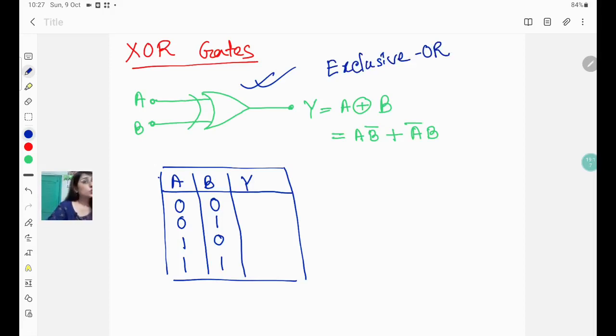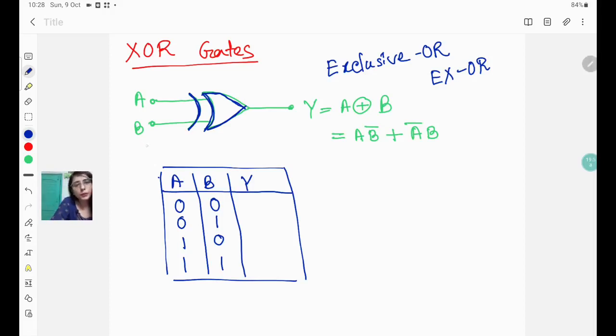This circuit symbol looks quite like the OR gate, but something is added in this figure: some curved line is also used here. So this one is the circuit symbol for the XOR gate.